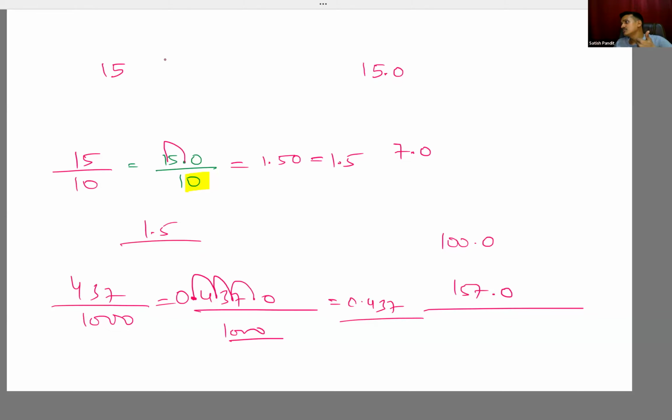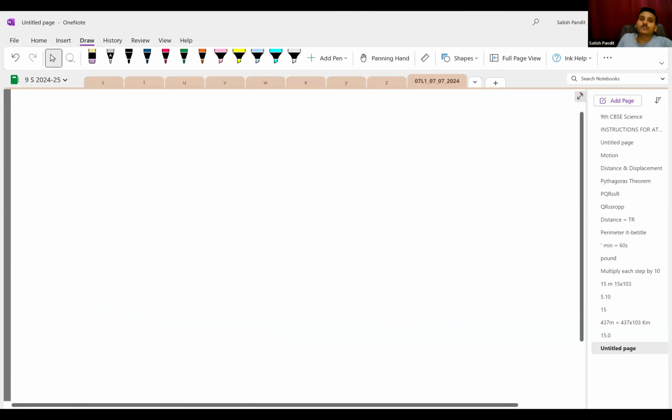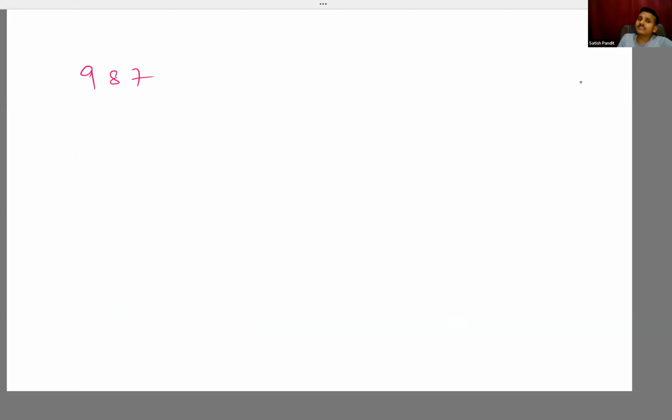Yes. Now I'll give one more example. Suppose I have 987 by 100. I can write 987.0 by 100. Two decimal places because 2 zeros. So 1 and 2, the answer will become 9.87. Clear?